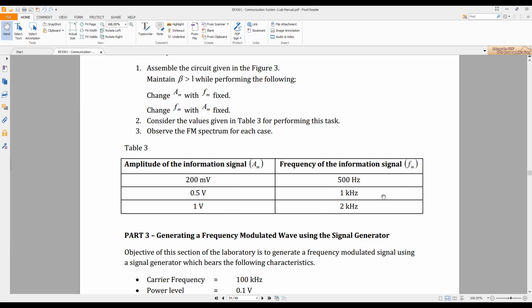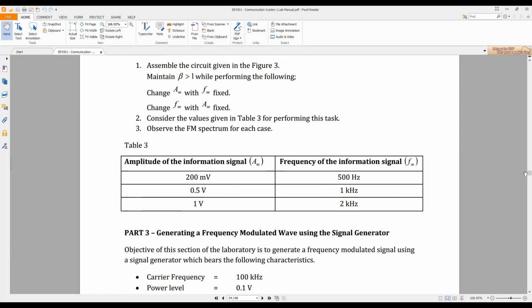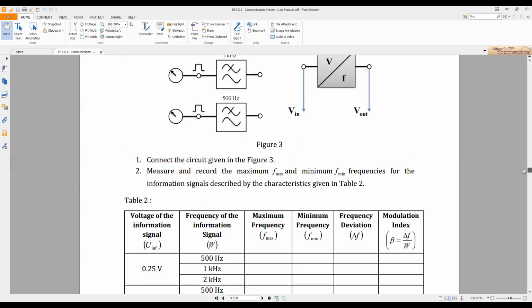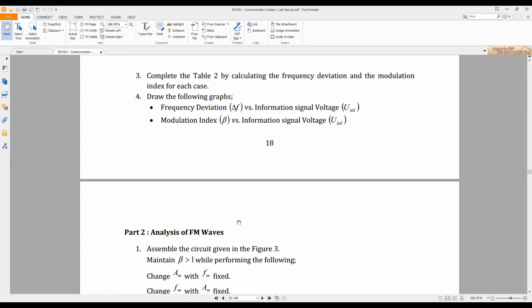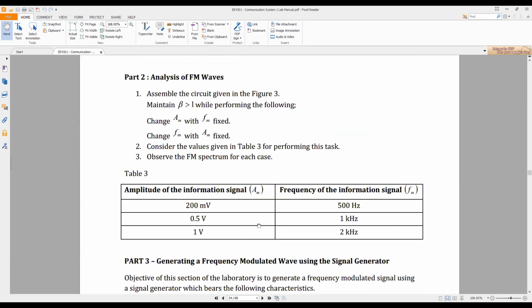So these are the values given: three voltage values and three frequency values. In the previous table we gave the same frequency values, 500 hertz, 1 kilohertz and 2 kilohertz, for two voltage levels. In the next one we have 200 millivolts, 0.5 volt and 1 volt.